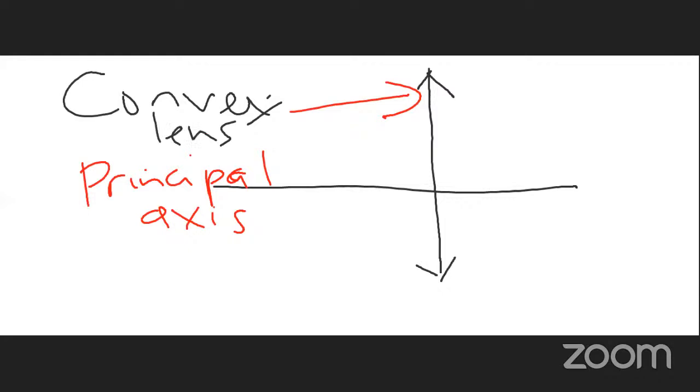That is our convex lens. So that's how we can represent the convex lens. Or else, even on a ray diagram, we can represent a convex lens like this. Is that okay?